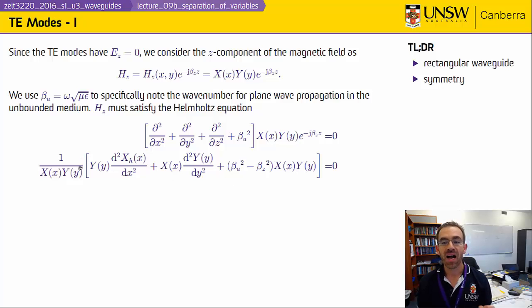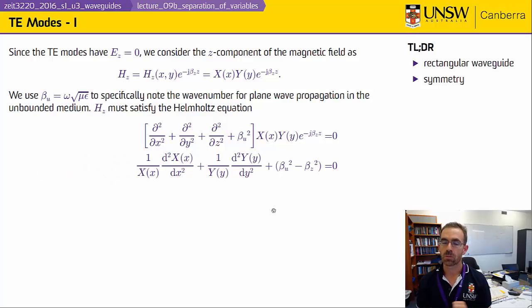If I then divide both sides of the equation by X times Y, on the right-hand side it was 0, so that doesn't change anything. But on the left-hand side, this Y will cancel with this Y, this X will cancel with this X, and this X and Y will go away completely. And we get down to this expression here.